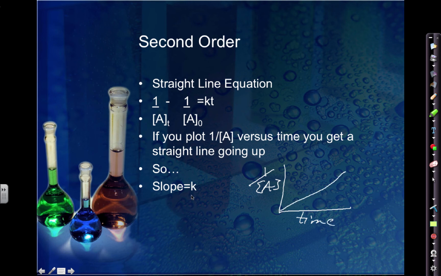So the slope would be equal to K. So if you manipulate your data a little bit, when you get your straight line, that's important because then I can get K, and then I can also know what type of order reaction it is.